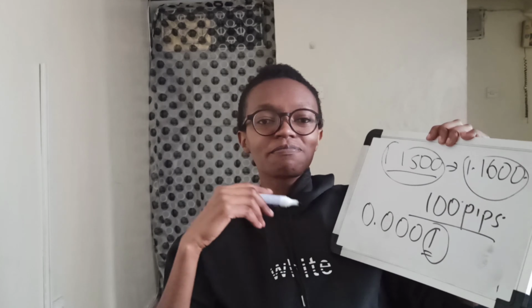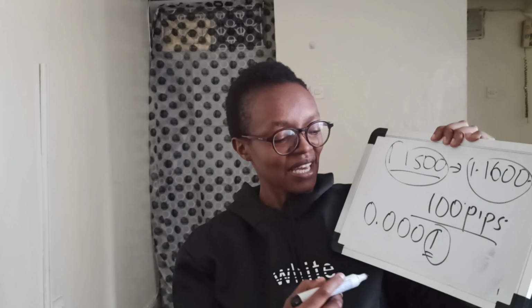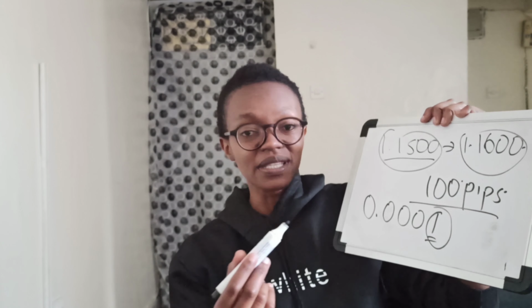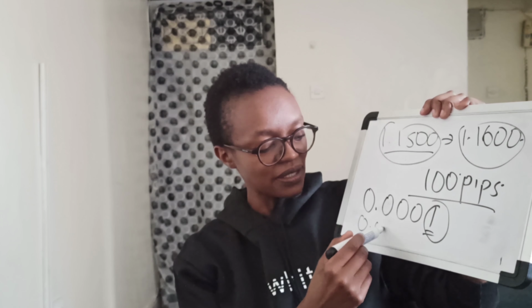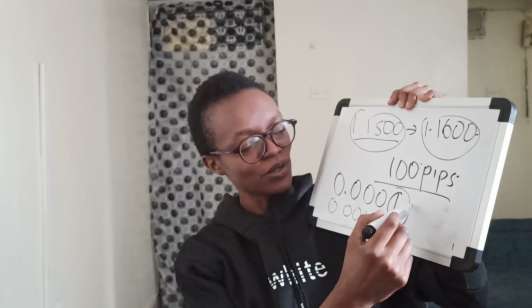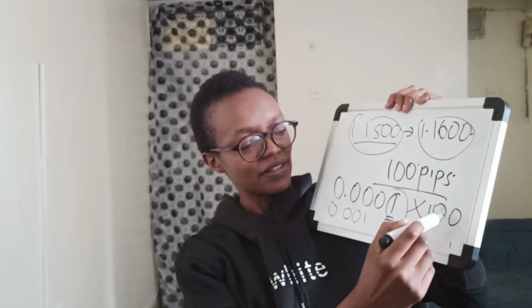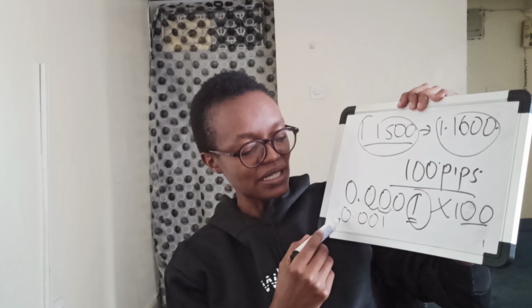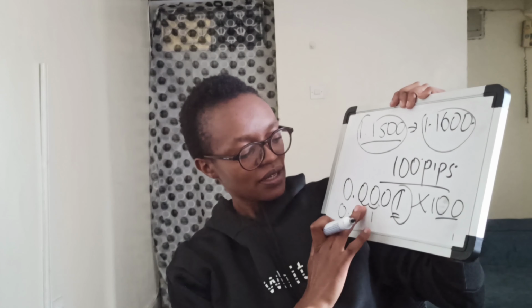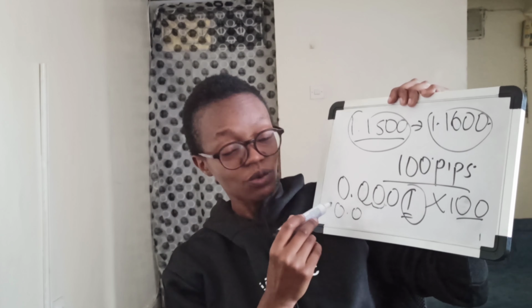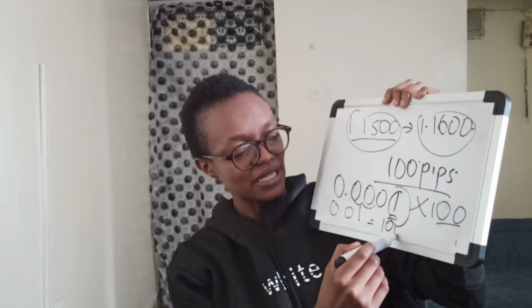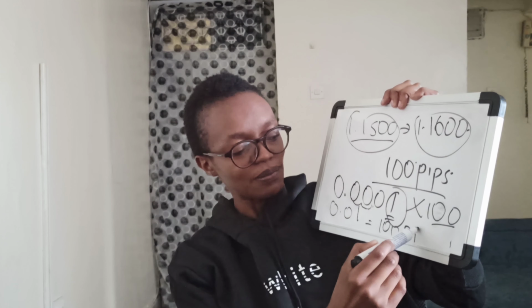Okay. Now, if price moves up 100 pips, it's accurate to say that it can be represented by 0.0001 multiplied by 100, which moves us 2 decimal places, which is now 0.01. This is going to be represented by 100 pips.